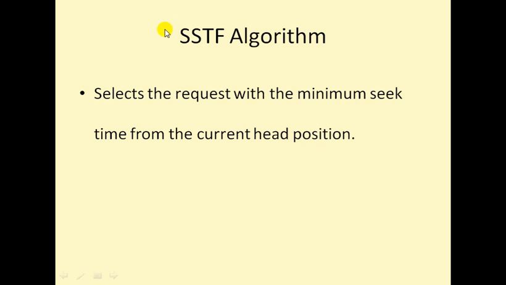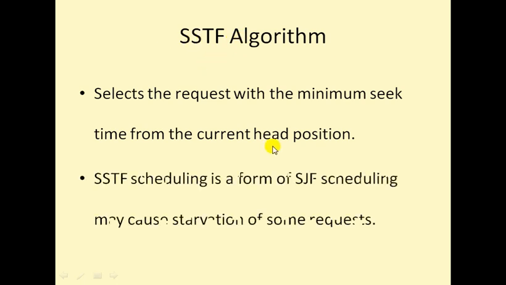That is the concept in the SSTF algorithm, and it is almost the same as the SJF scheduling algorithm in process scheduling. So it may cause starvation for some requests, not all the time, but sometimes. Now we will understand this algorithm by using an example.